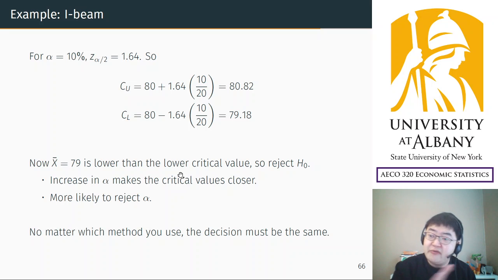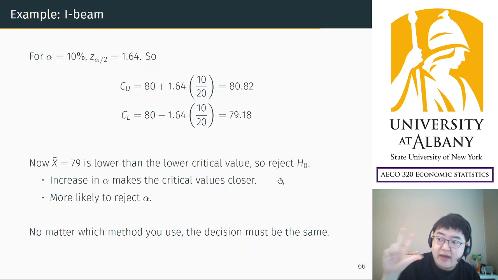And by the way, if you compare what we have done so far, no matter what method you use, the rejection and acceptance is the same, right? If it's 10%, you should reject the null hypothesis at 10%. You should reject the null hypothesis like this in the p-value approach, t-statistic approach, and the critical value approach.